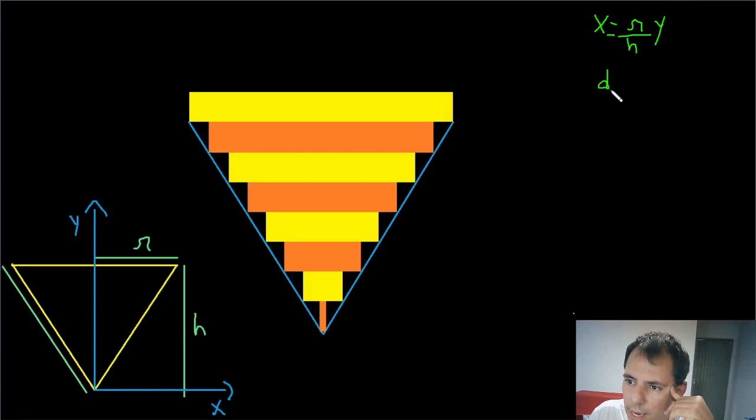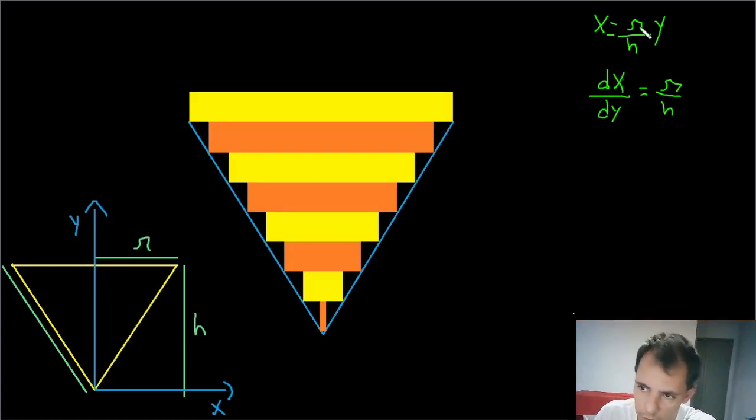We have dx dy because x is a function of y, right? So you have dx dy equals r divided by h. This is a messed up r divided by h because it's the derivative of x with respect to y. Good.